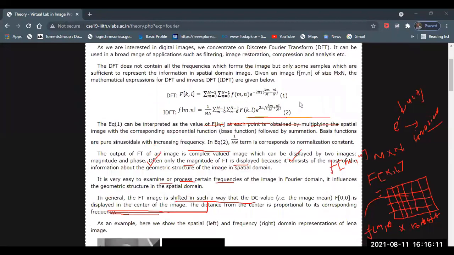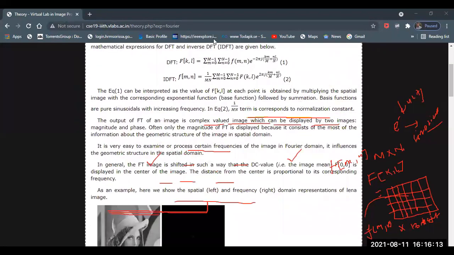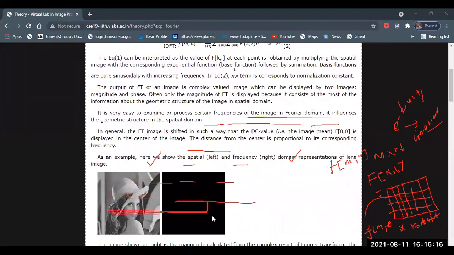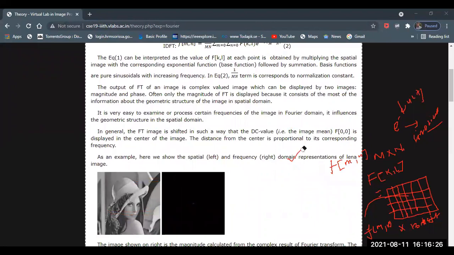Now coming back to equation 2. What equation 2 basically is, is the IDFT. The 1 by MN term corresponds to a normalization constant, so we multiply by it to normalize.